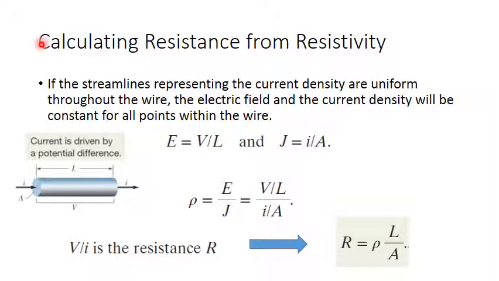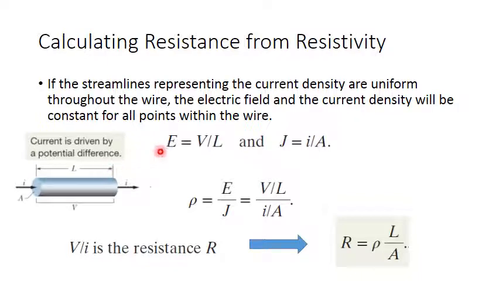To calculate the resistance from the resistivity, we said that the resistivity is the electric field over the current density, J. And the electric field along a sample of length L is the potential difference between the two ends over the length of the sample.